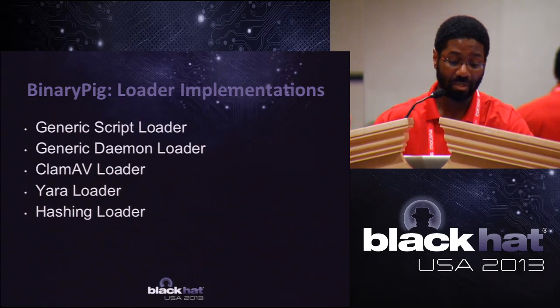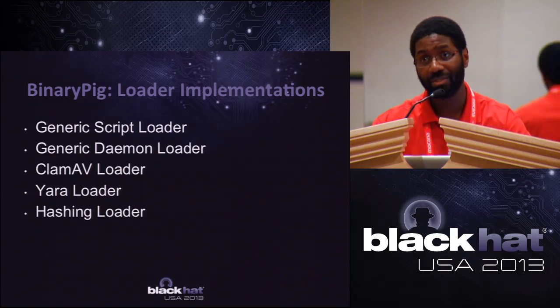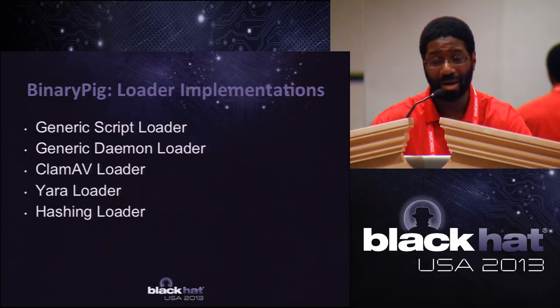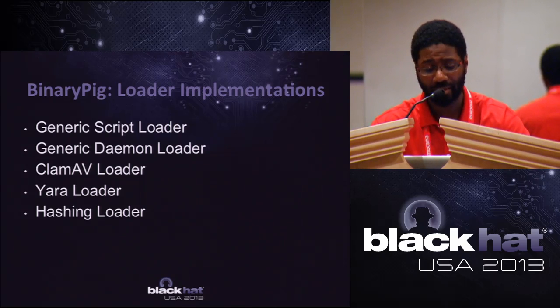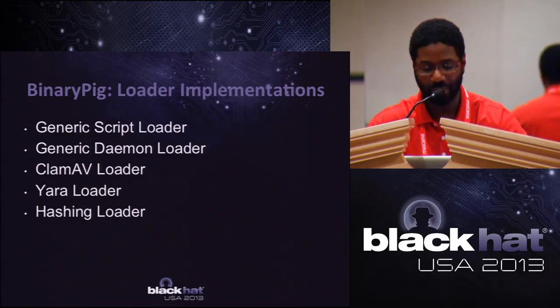So this is a list of all of the loaders we have in BinaryPig right now. There's a generic script loader we'll look at. It's just a regular script like you would run, a simple bash script or Python or whatever you like. The daemon loader we just discussed. And then we have three implementations: ClamAV, Yara, and PE hashing.